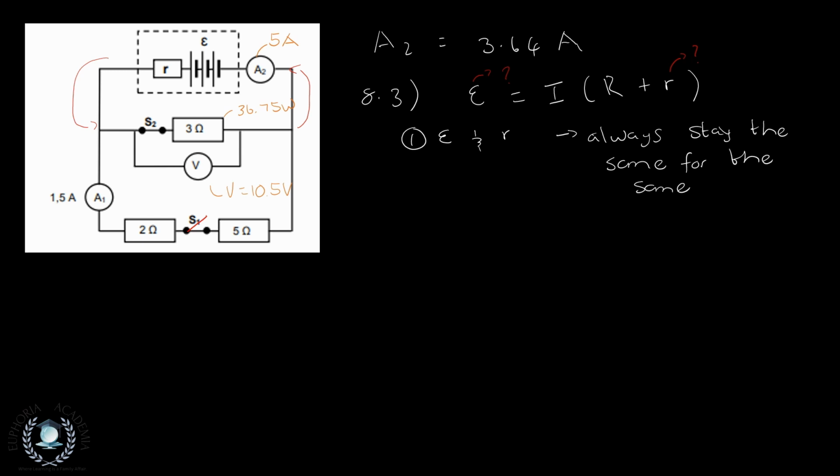I don't mean that the battery will not run out of energy. I mean, if you grab any 12-volt battery that was constructed using the same things under the same conditions, it will always have the same EMF. So no matter how we change the external circuit, our EMF as well as our internal resistance will always stay the same for the same battery. That is what I mean.